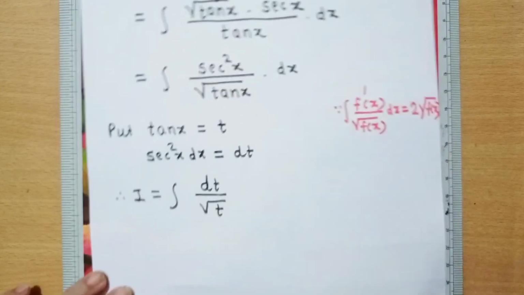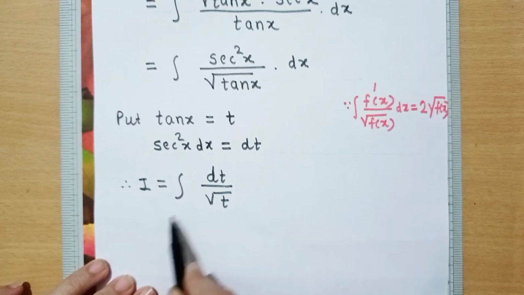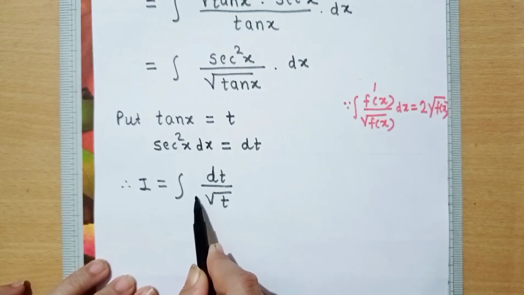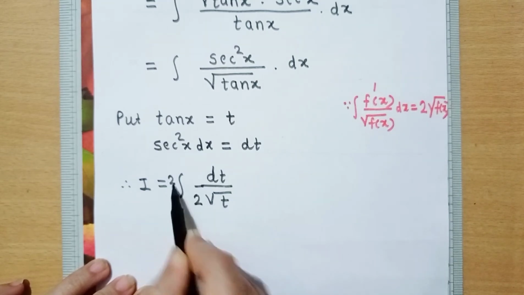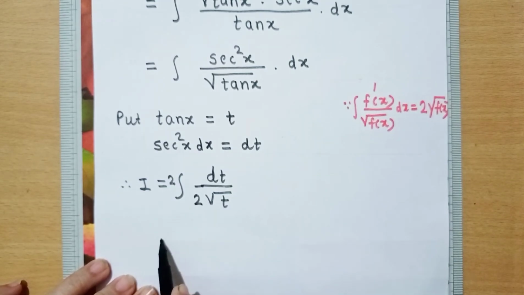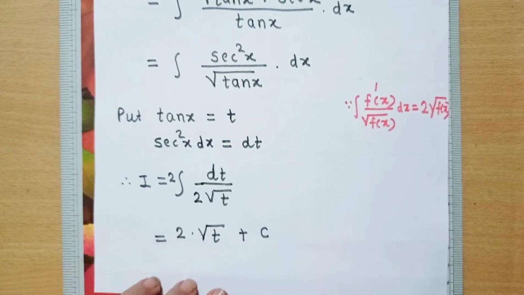Again we know that integration of 1 upon 2 root t is root t, so we will multiply and divide by 2. So I am writing here and multiplying here also, and its answer is 2 as it is, and this is simply root t, and then plus c.